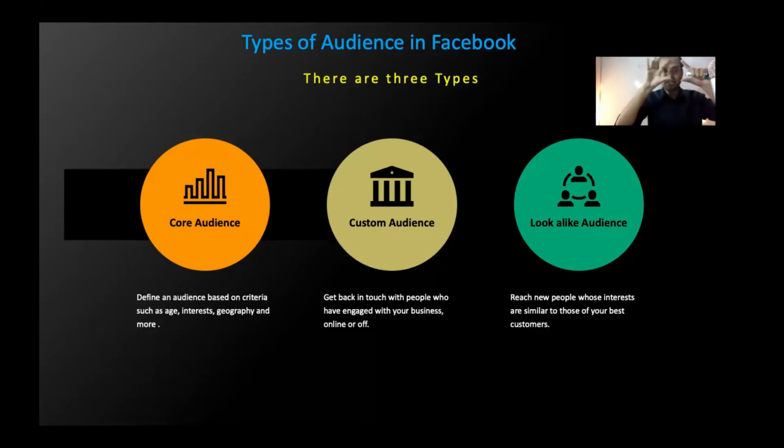For example, for the whole of India, which you have selected, give me the top 1%, a perfect match with my custom audience behavior. Facebook will create those kind of audiences for you, and then you will run your ad on the lookalike audiences, which is going to be more convertible.